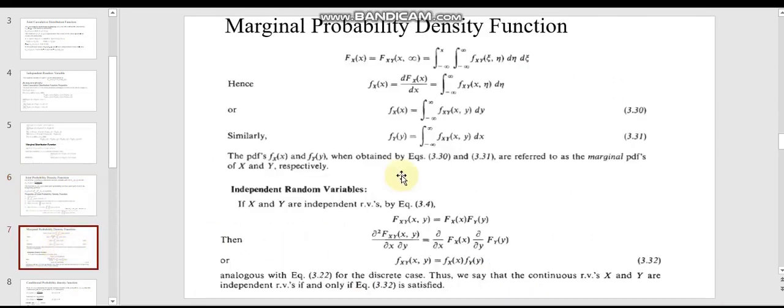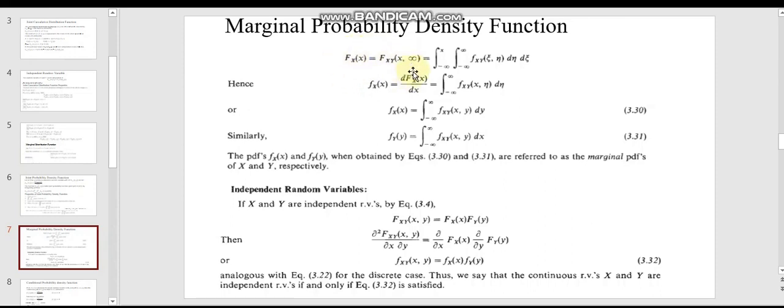Next, the marginal probability density function. The marginal PDF is defined as follows: if we know the joint CDF, when the random variable y approaches infinity, the joint CDF changes into the CDF of the random variable x.